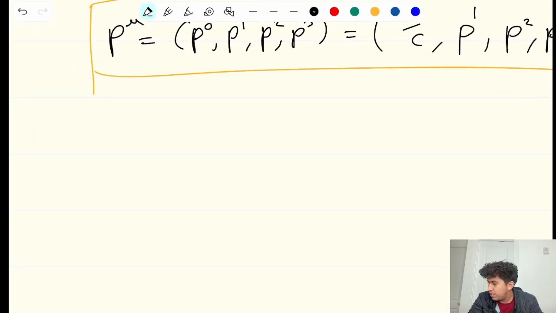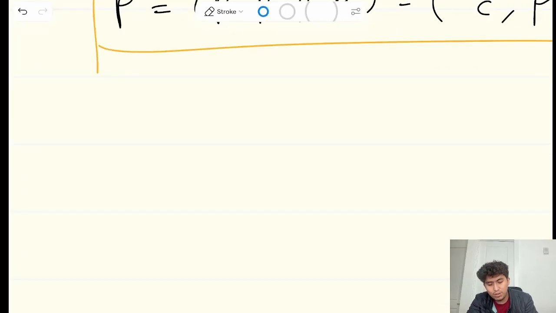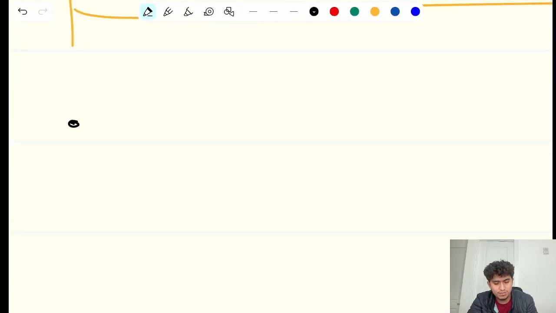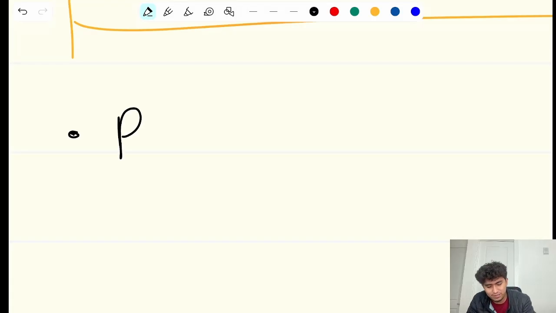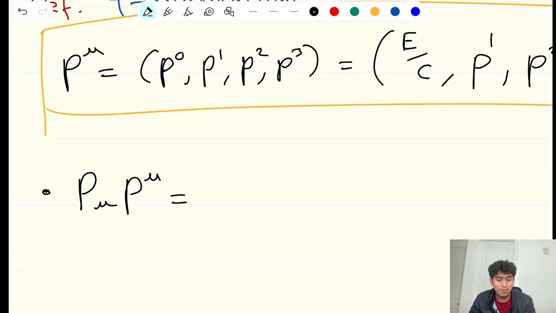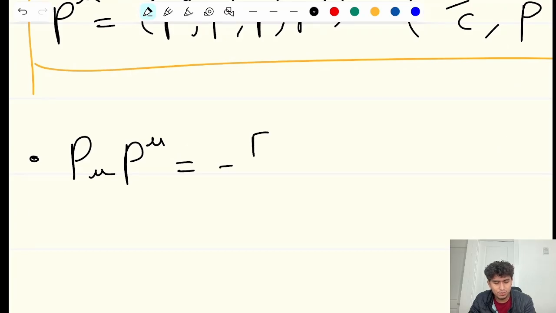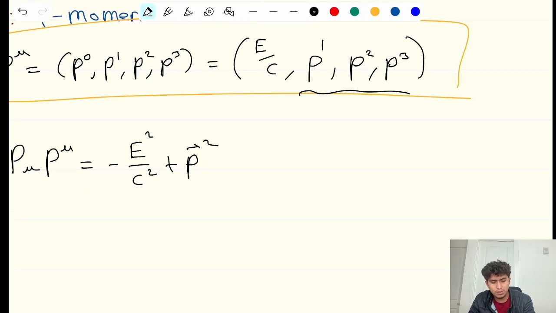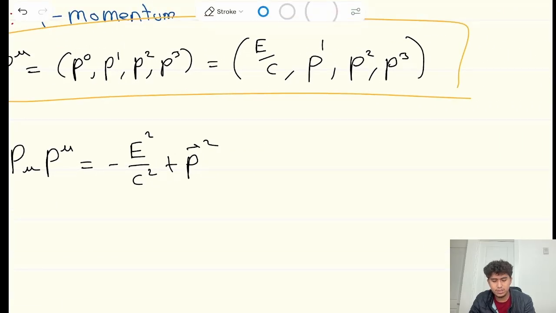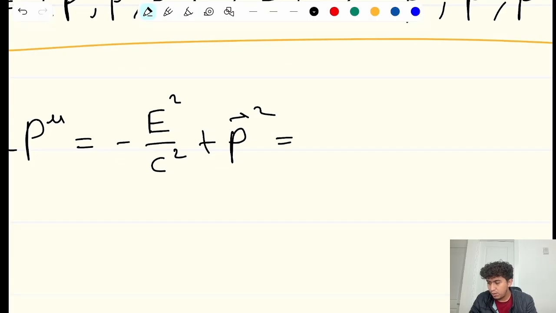Then next thing, we can prove an important identity using the 4 vector, and we're gonna use some Einstein summation. So if you remember from Einstein summation, we get the first component squared with a minus sign, plus the second component squared.